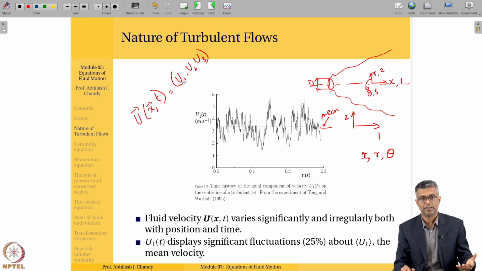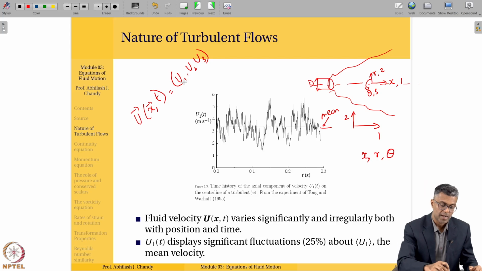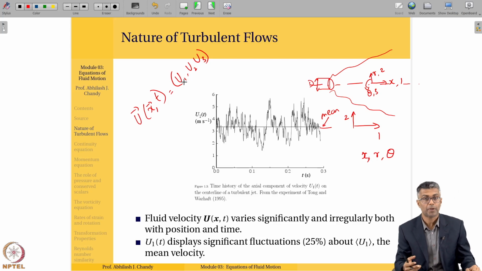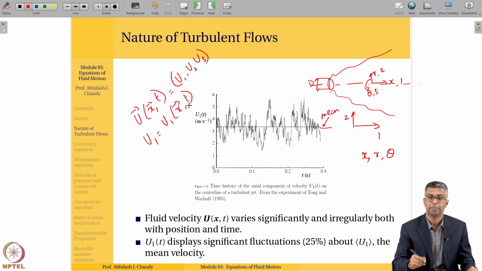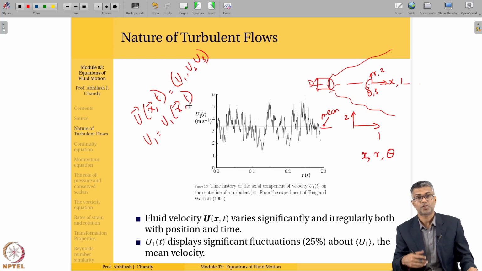U is a vector. Now this is an instantaneous variable. It depends on time. And you have your u1, u2, u3, again instantaneous. Those are also 4D. So u1 is u1 of x as a vector, comma time, because it also depends on space and time.